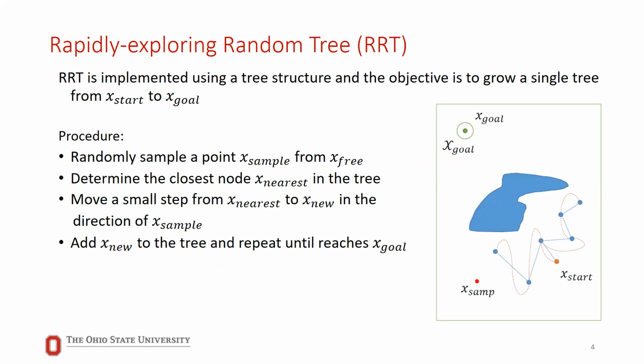So RRT is implemented using a tree structure that grows a single tree from a start point to a goal point. The procedure is you will find samples, which generates those nodes that we don't have, then finds the closest or nearest node, which was the second function we said this algorithm will have, then moves one small step, and then looks at the other nodes available. The nodes are sampled randomly, right?